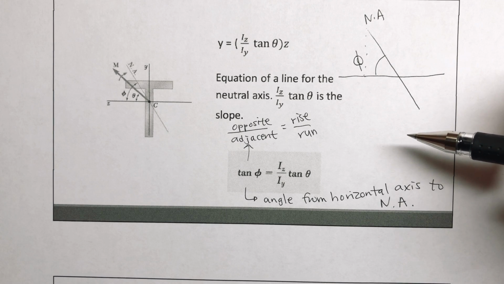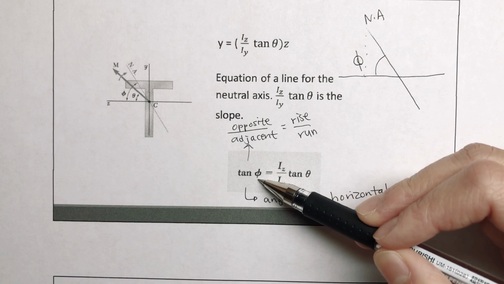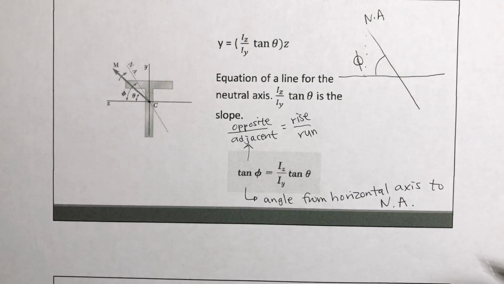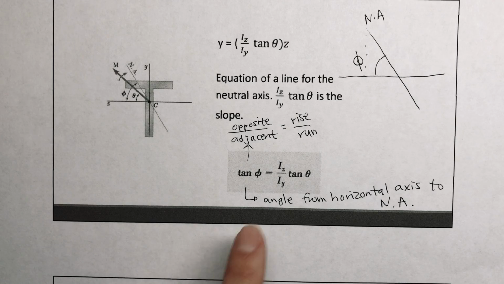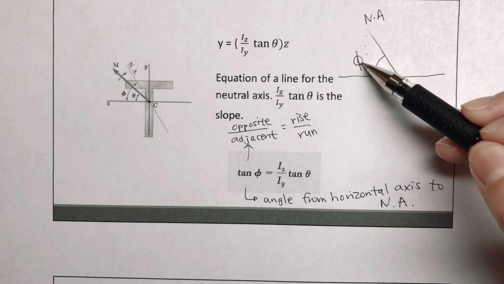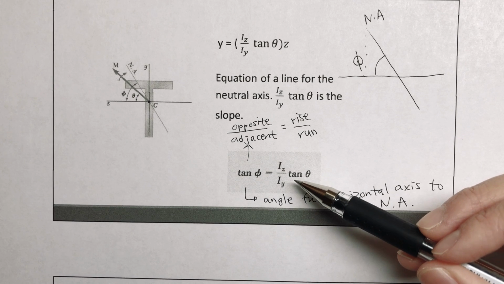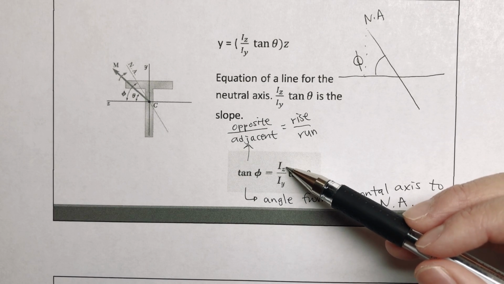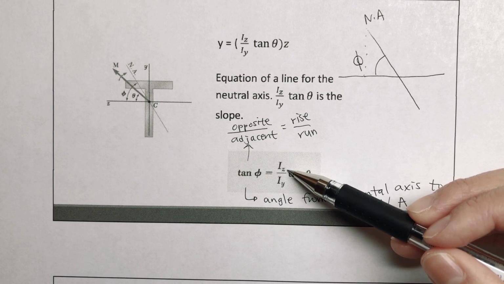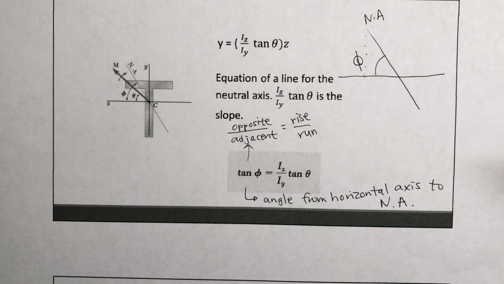Slope is rise over run, that's opposite over adjacent. So that is how we find phi from the horizontal to the neutral axis. That will equal the moment of inertia about the z-axis over the moment of inertia about the y-axis times tan theta.